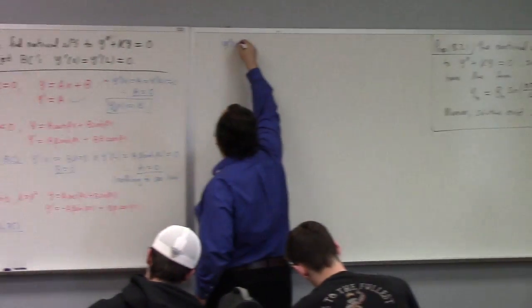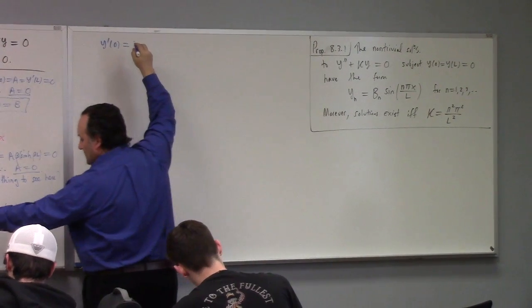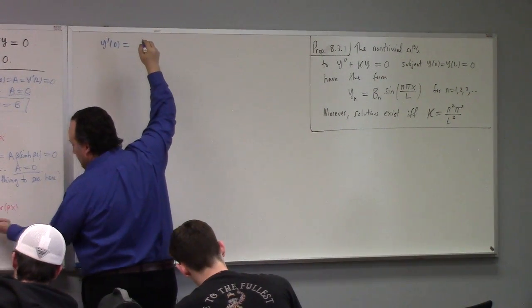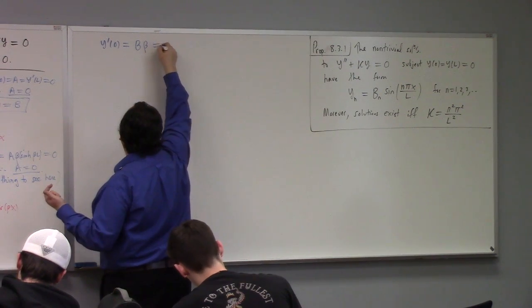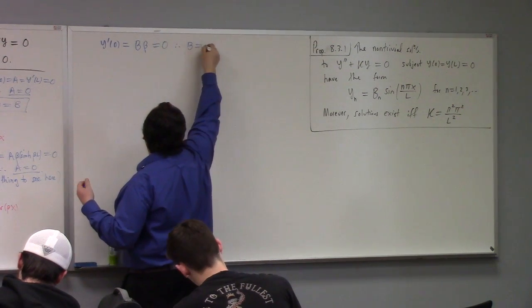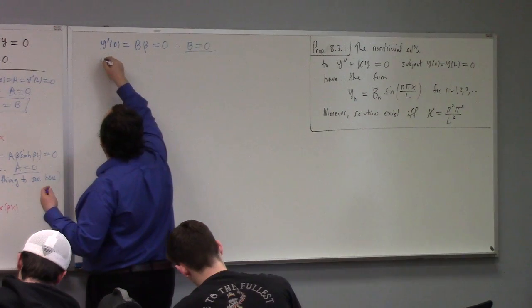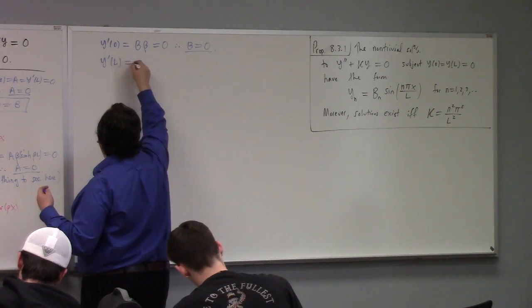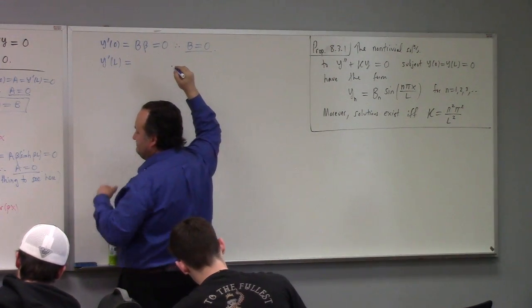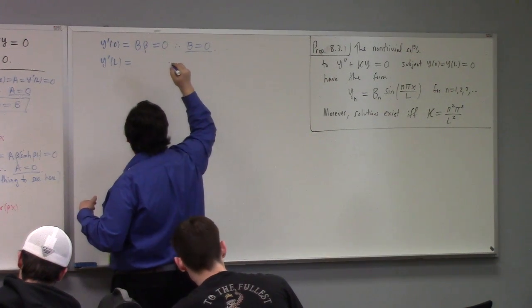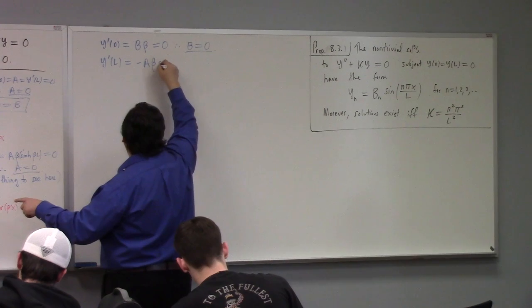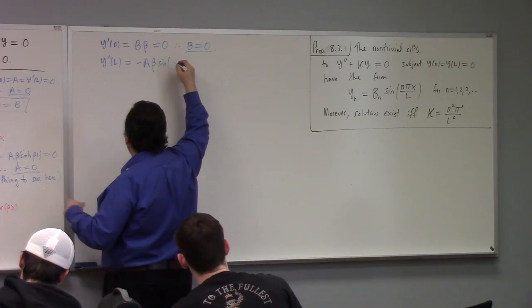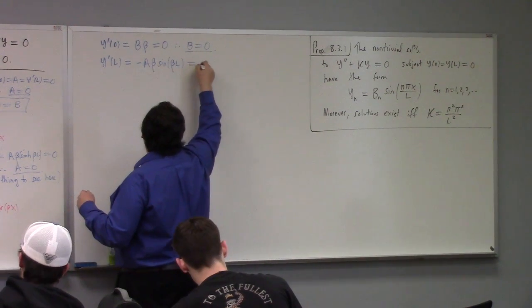Y prime of 0 is, the sine of 0 is 0, so we just get b beta cosine of 0, which is 1. So this time b is equal to 0. Y prime of L is what? We've got minus a beta sine of beta L is equal to 0.